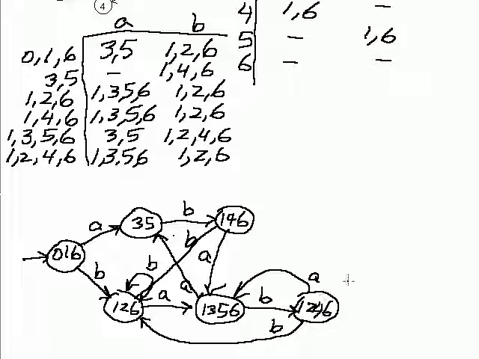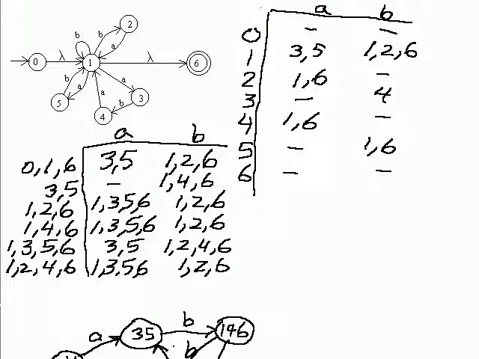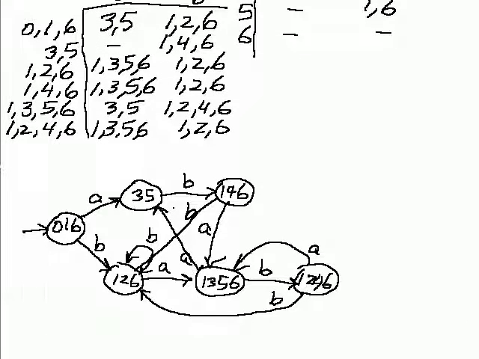Now, which states are accept states? Go back to your original picture. What was your accept state over there? State 6. Any state that's got a 6 in its name is going to be an accept state. So this state at the very beginning is an accept state. So is 1, 2, 6. So is 1, 3, 5, 6. And 1, 4, 6. And 1, 2, 4, 6.